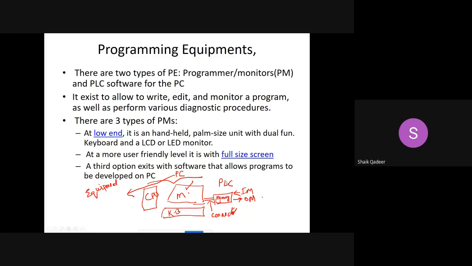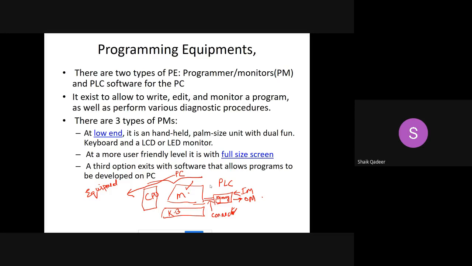If the PLC is available in industry, then it is very difficult to take an entire personal computer and do the programming operation. In that case, it will be of a handy type like our laptop or palmtop, or even a mobile phone, with the help of which we can edit or write the program into the PLC.